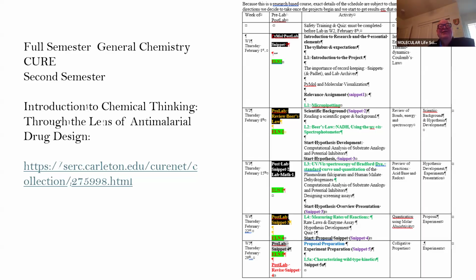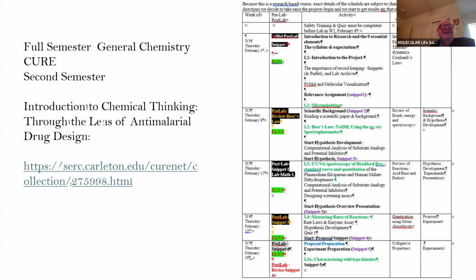Don't try to overschedule things; leave time for some redundancy. What I call snippets are the little written assignments, and Tam uses the same sort of thing, to get students to think about and write and present data in a snippet. But this gives you the layout.